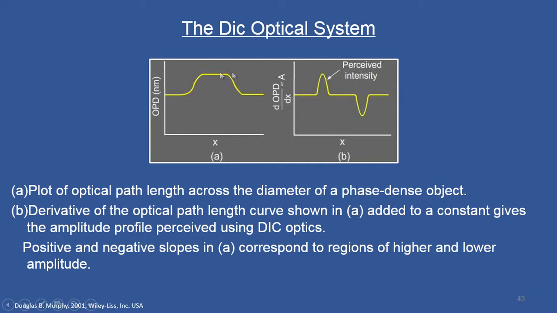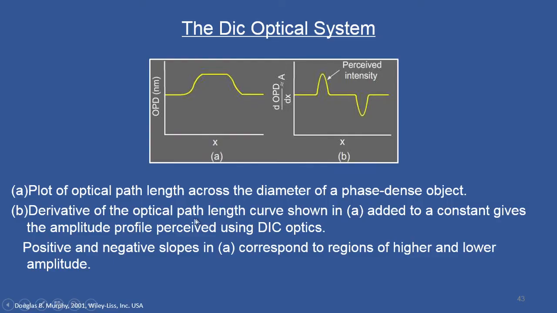Why does the curve appear like this? Because when any light traverses through a phase object, it will deflect, or something will happen to that light wave. That is what we have seen in the previous lectures, that is some phase shift will happen.